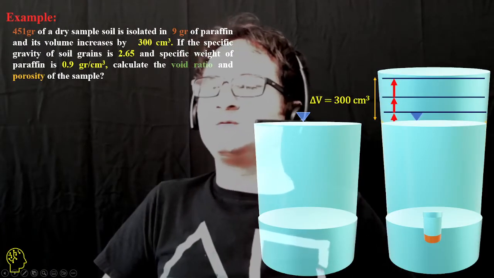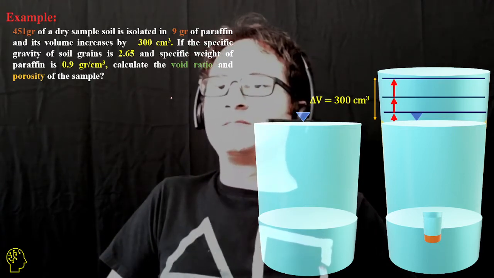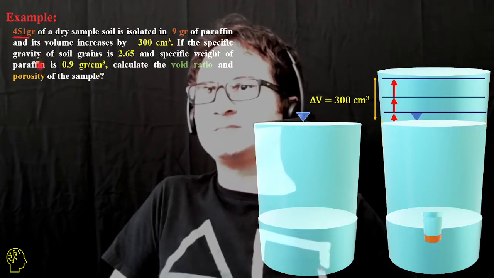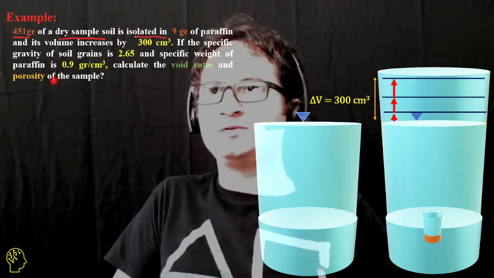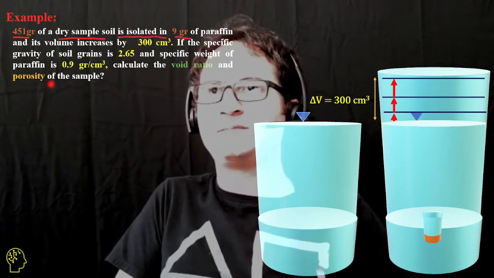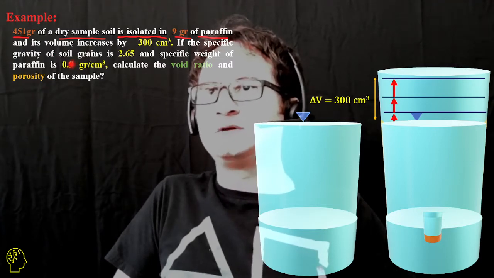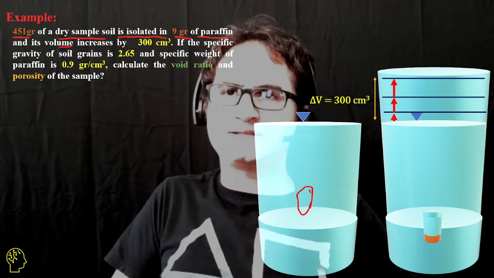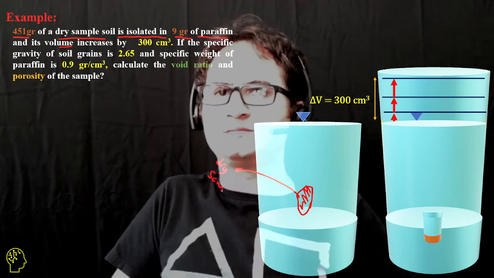In this example, we have 451 grams of a dry soil sample, which is protected or isolated in 9 grams of paraffin. This is our dry soil sample.